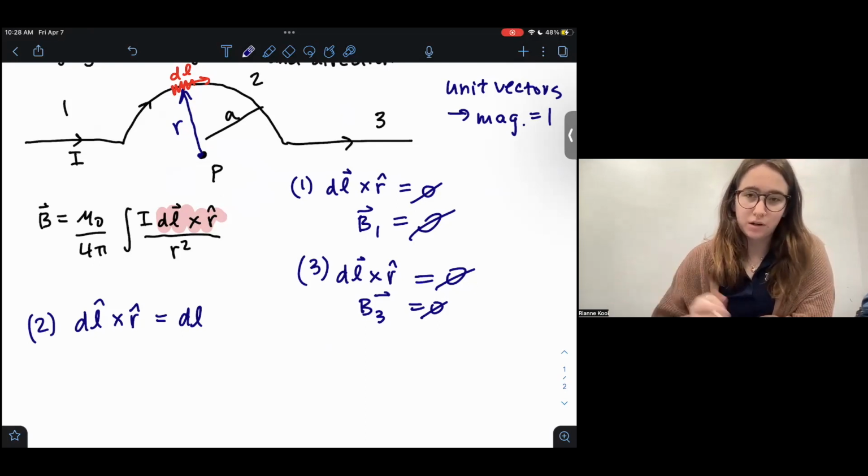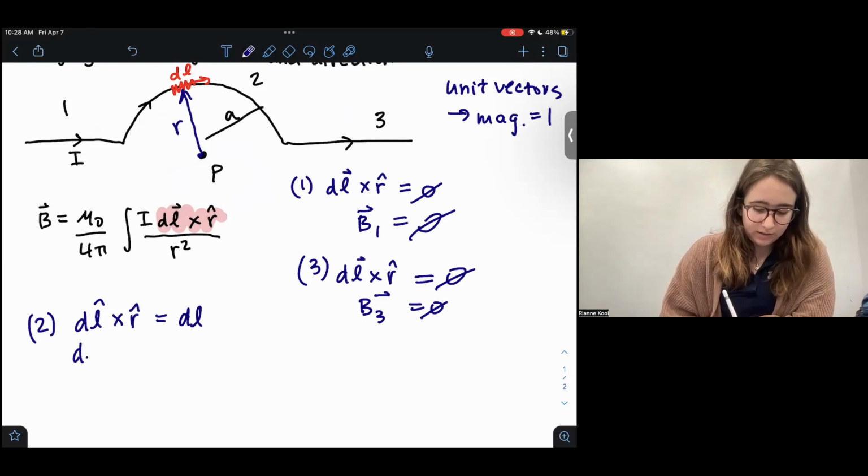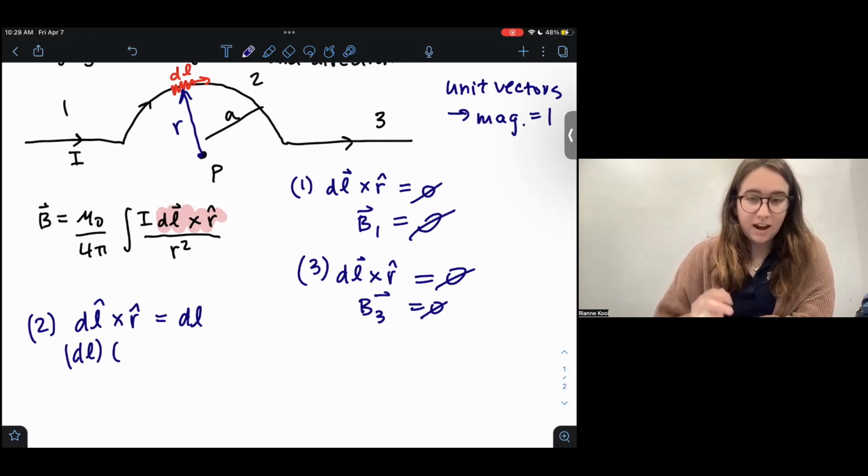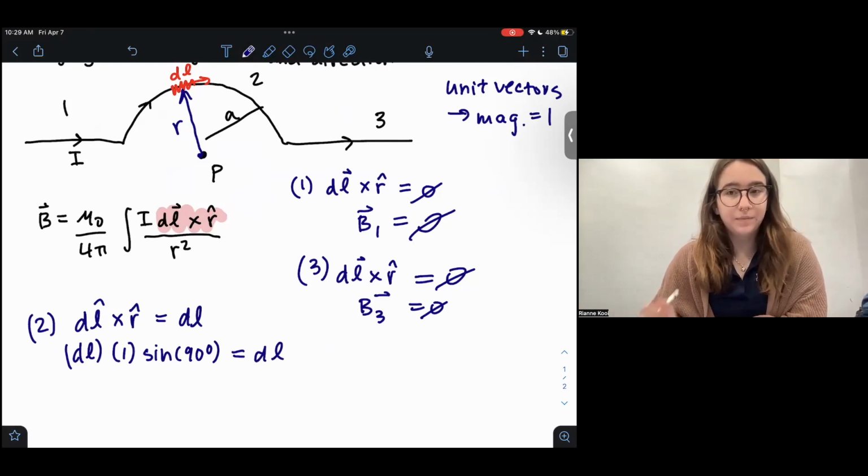Remember, going back to our definition of a cross product, it's the magnitude of A times the magnitude of B times the sine of the angle between them. So dl has magnitude dl, r hat has magnitude 1, and the sine of the angle between them is 90 degrees. So that just gives us dl.